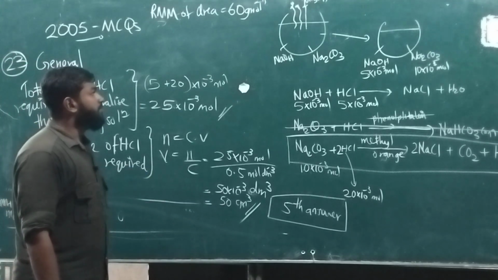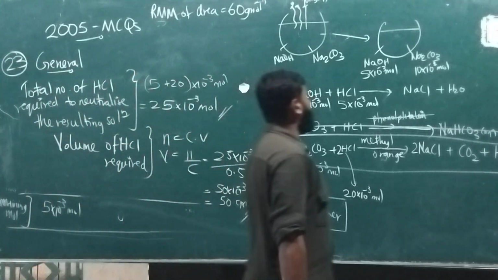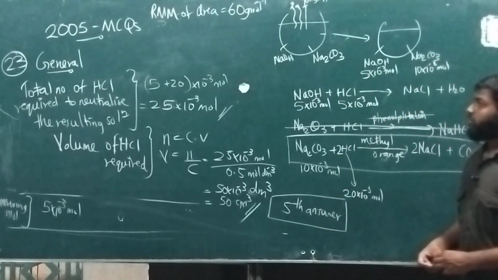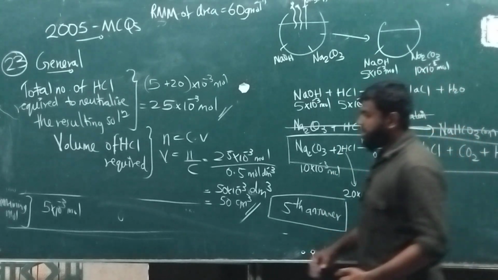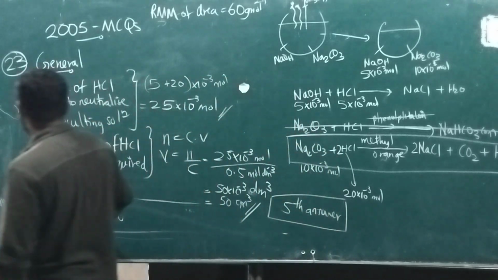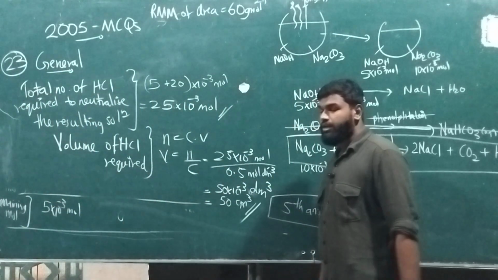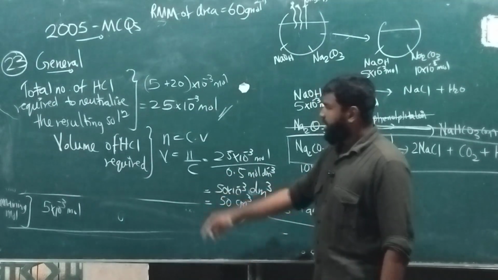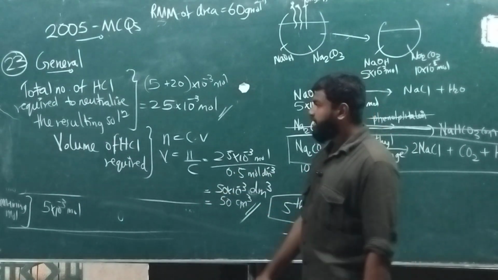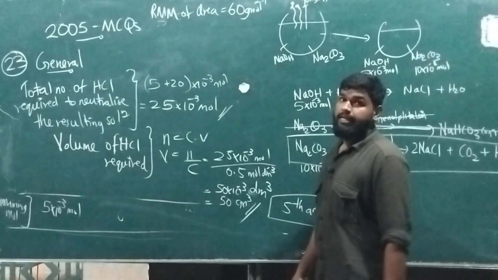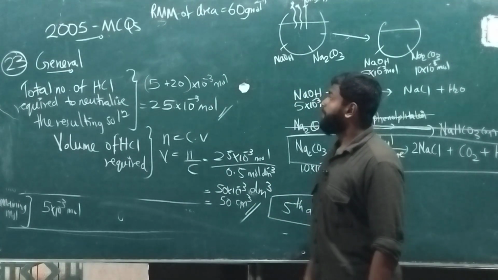50 centimeter cube. Here, one thing, most of the students will make a mistake because they will not consider the number of moles that was formed with the sodium hydroxide and with the sodium carbonate. Most of them will think that there is only ammonia in the solution just by reading the problem.